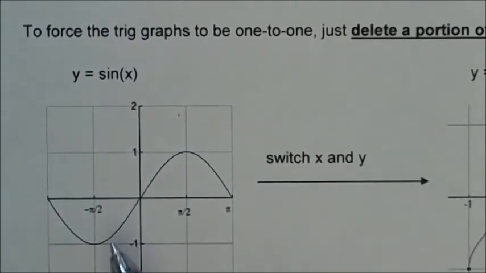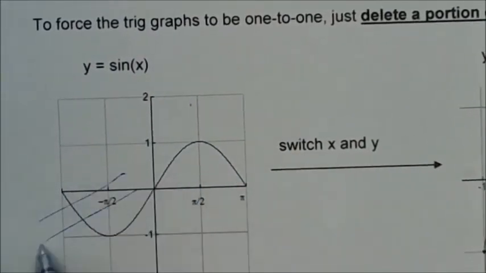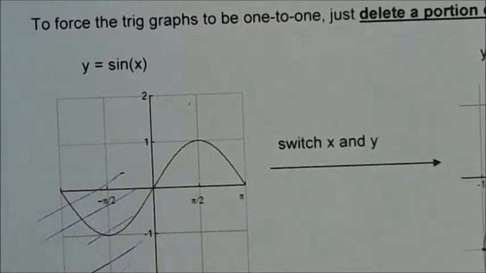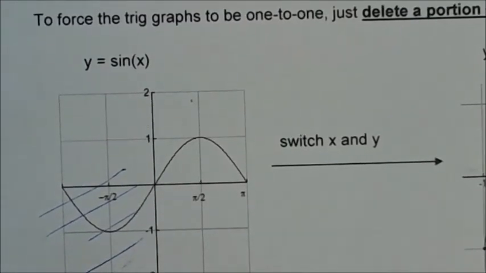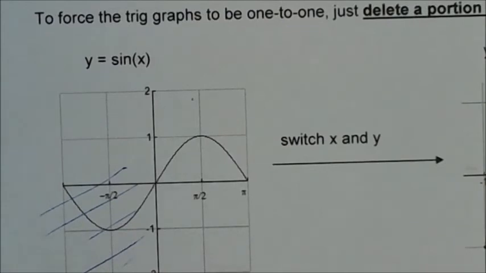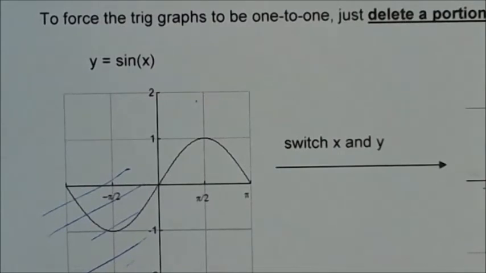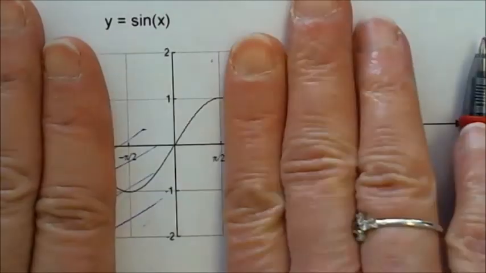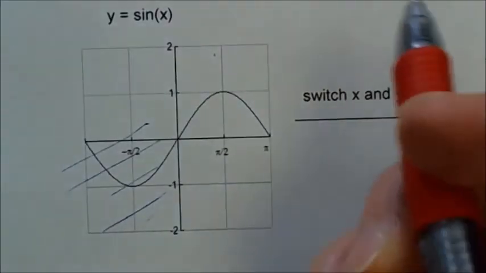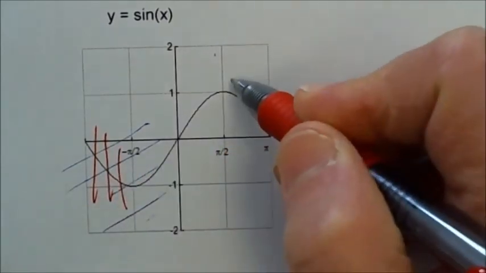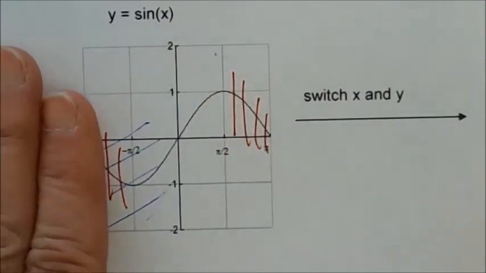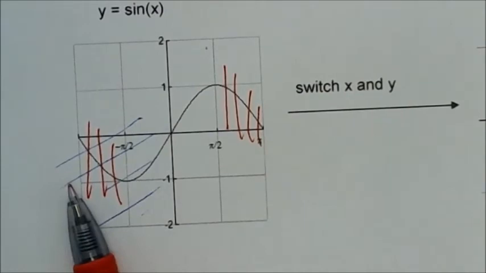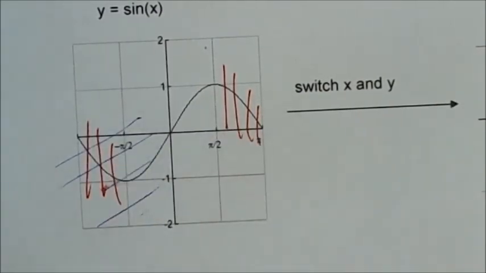If we delete this whole portion here of the graph, well, that was totally wrong. We don't want to delete this whole portion, rather we want to delete these two portions. Sorry about that. Because what I had deleted before still isn't going to pass the horizontal line test.